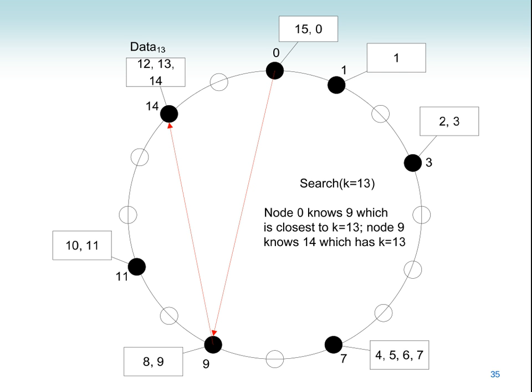So to reach node managing key 13, which will be in this space, send to node 9. Maybe I've drawn it backwards from how we normally draw routing tables. To reach one of these nodes, send to this next node. If the destination is a node that manages a key in this space, send to this next node.